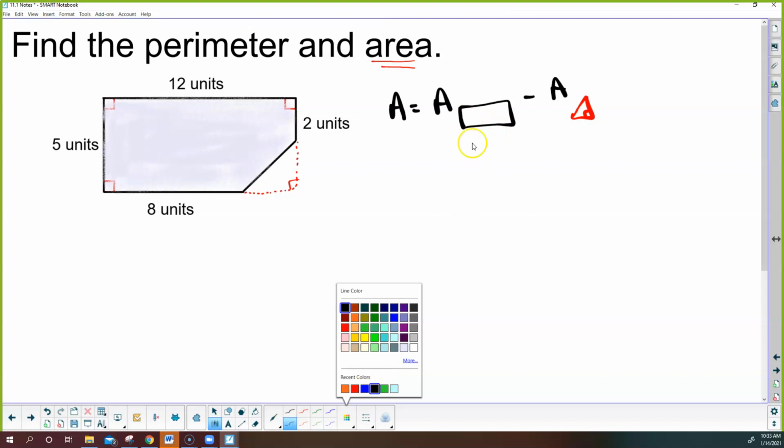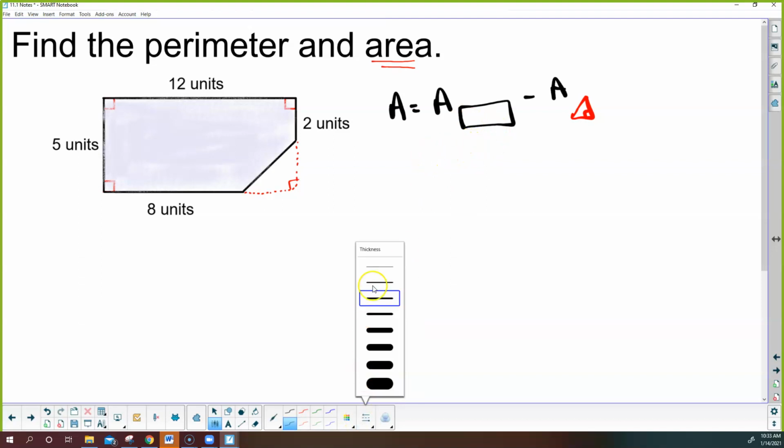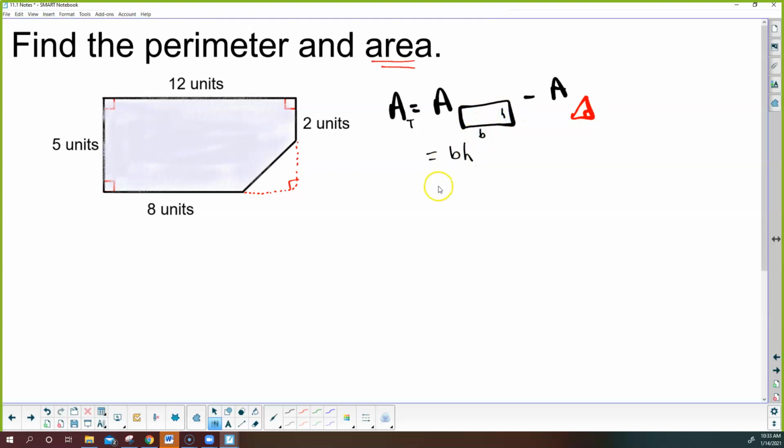Right? So in this case, if I found, and sometimes I'll put a T here for like total area. In this case, it's just the area, but the base times the height for this rectangle. Well, we know what the base is, we know what the height is, that's pretty quick, right? The full base is 12, and the full height is 5.